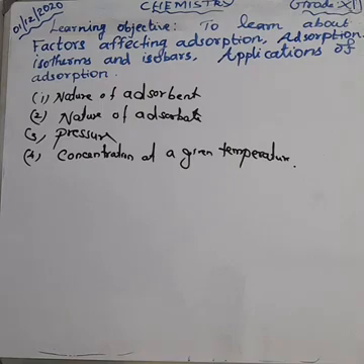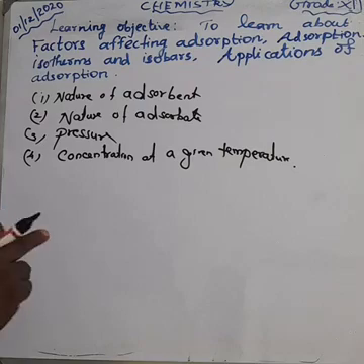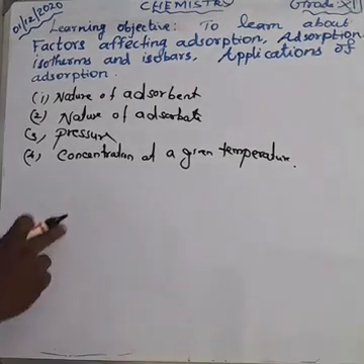Next, sometimes the question may be asked as a 5 mark or 3 mark question: what are the factors affecting adsorption? One is the surface area of the adsorbent. Previously I told you that adsorption is a surface phenomenon. Am I right?